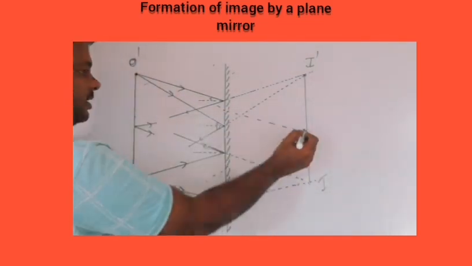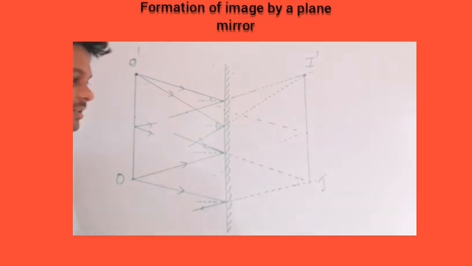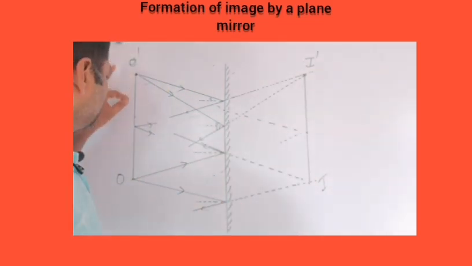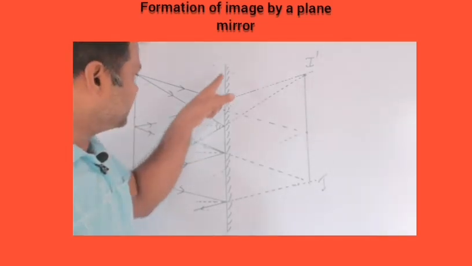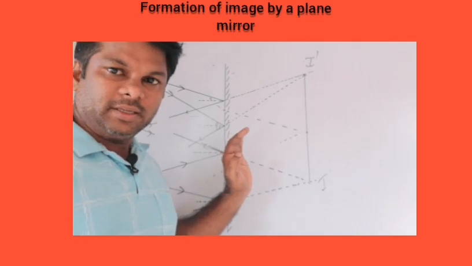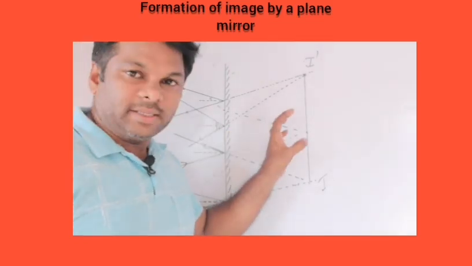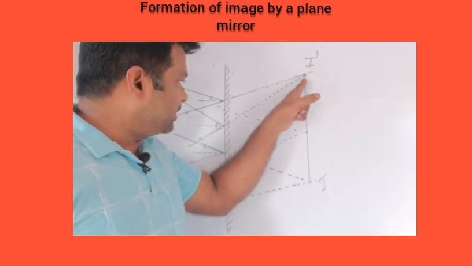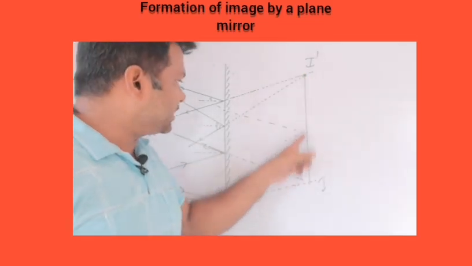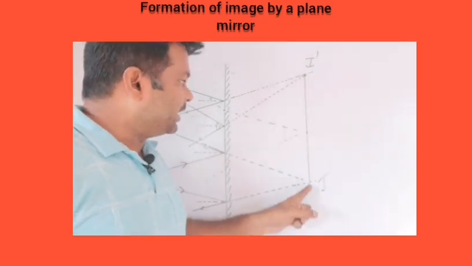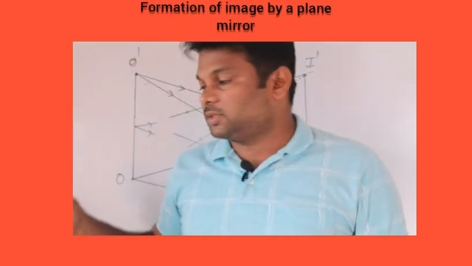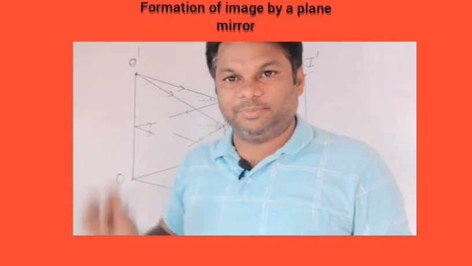Here they start, here they end, here they converge. Similarly, all the incident rays which are incident here are bounced back, and when you extend those bounced back rays, they all meet at one line, and if you join these converging points, you will get the image of this long object.